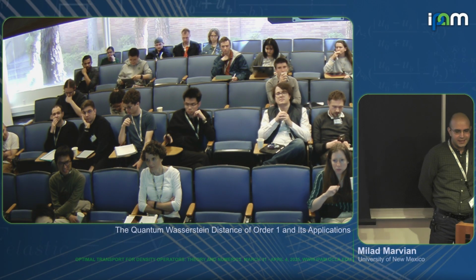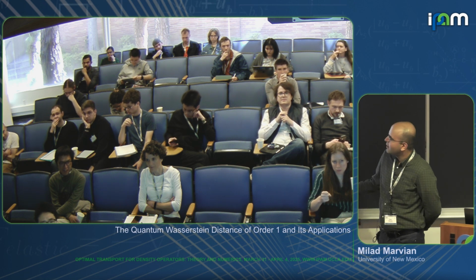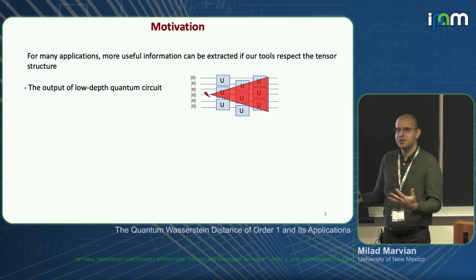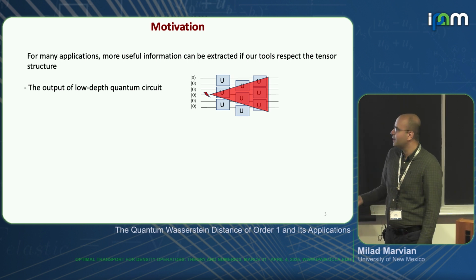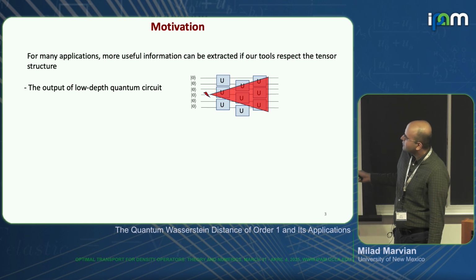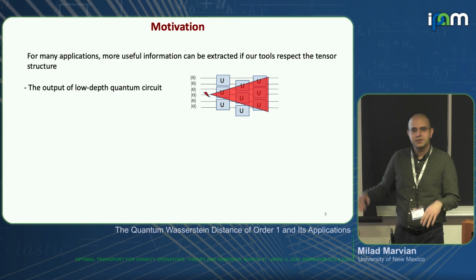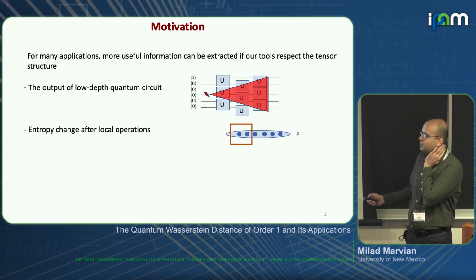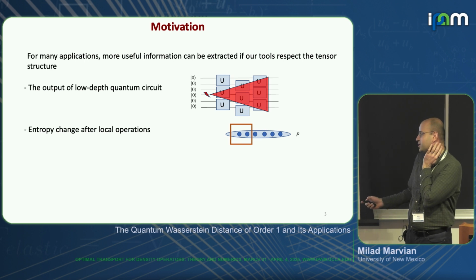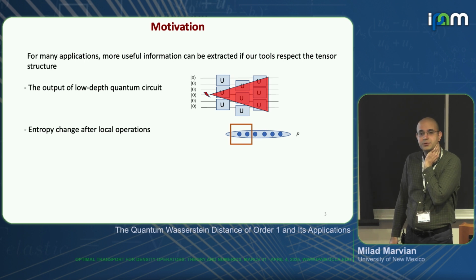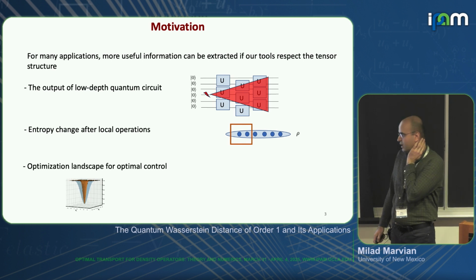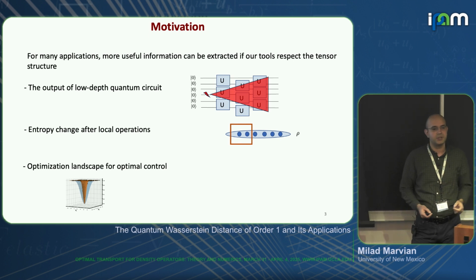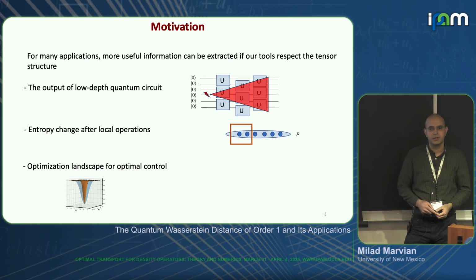What are the applications? I can imagine whenever you have some local structure that is very important to your problem, for example, you have some shallow depth circuit. You know that the information propagates slowly through your circuit, and you want to have a measure that captures that. Another scenario, maybe you're interested in the entropy of a state. You know that if you're touching a few qubits, the entropy shouldn't jump too much. Or it might be the case that you want to do some optimization task, and your target state, the state you want to prepare, has some specific property.